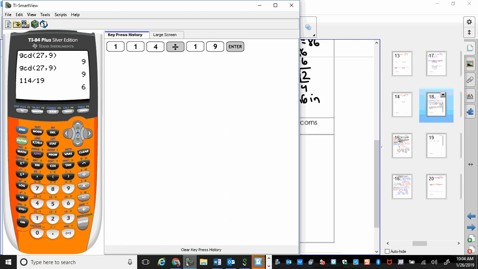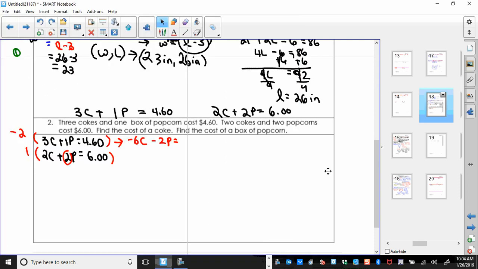So 460 times -2 equals -920. So -$9.20. On the bottom, 1 times 2 C's is 2 C's. 1 times 2 P's is positive 2 P's. 1 times $6 is $6.